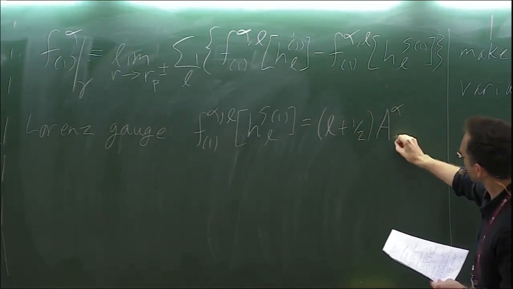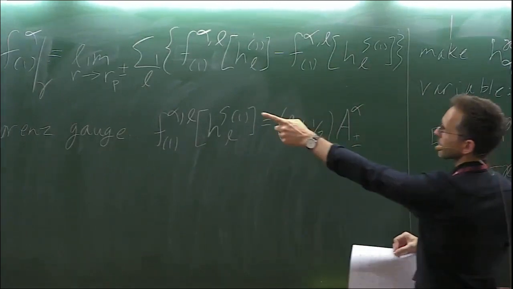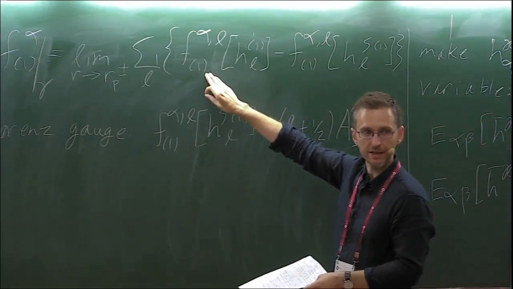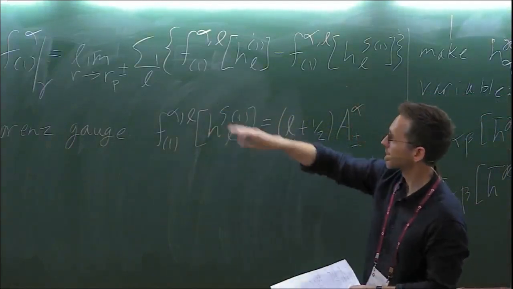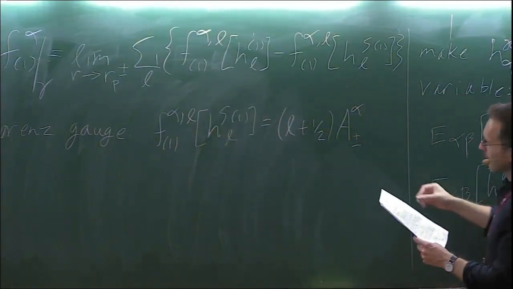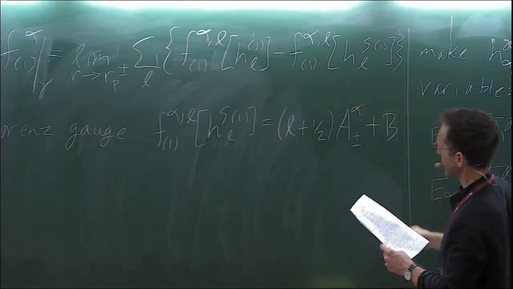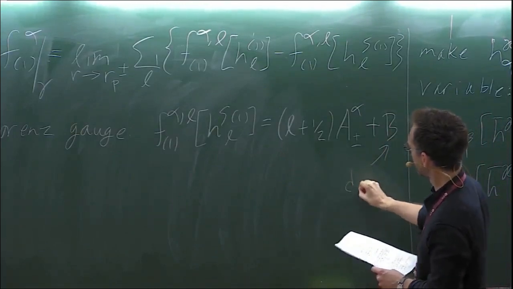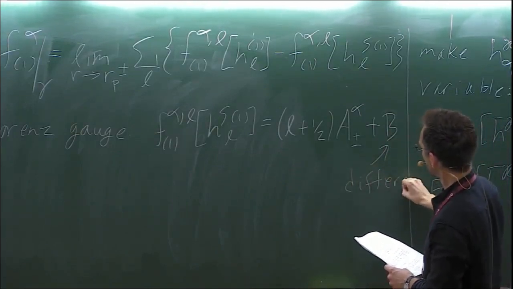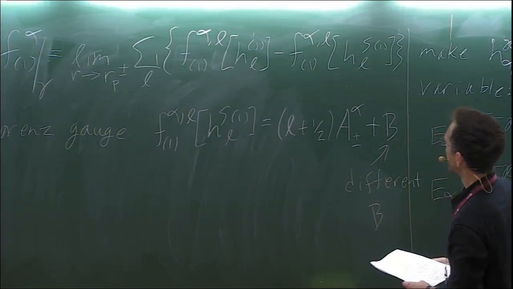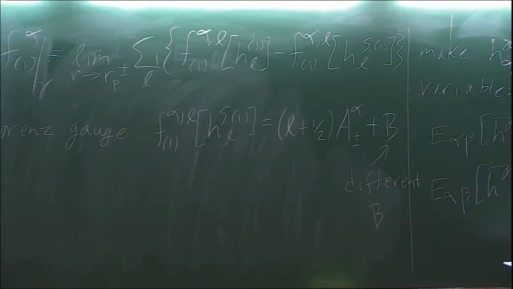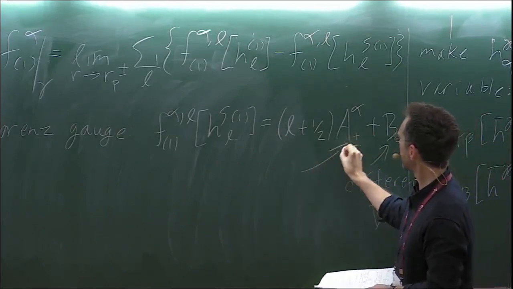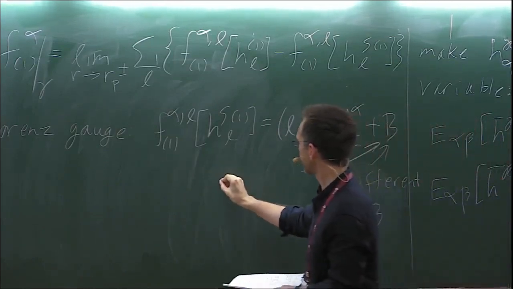And this does depend which direction you approach from, whether you're approaching from greater r or smaller r. But this depends in the exact same way on which direction you approach from, so the end result is independent of that. Plus B. This is a different B. Not the same B as over there. So the only L dependence is this L dependence here. These are both independent of L.